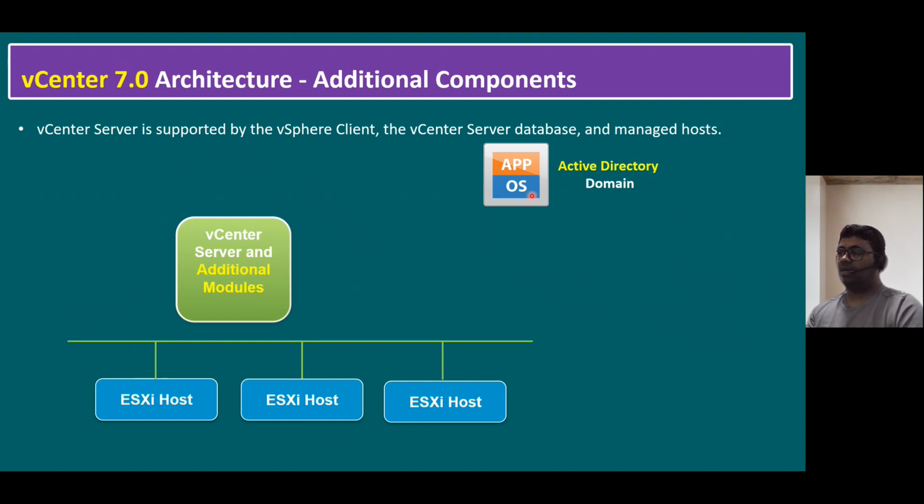One prerequisite for vCenter configuration is that we require an Active Directory. That means to maintain our fully qualified domain name and also the resolution for our vCenter host name and ESXi host name, we have to create DNS entries for our vCenter and ESXi hosts in an Active Directory domain. That is also one of the important components and prerequisites before setting up the vCenter Server.